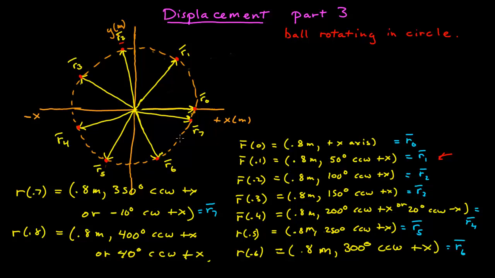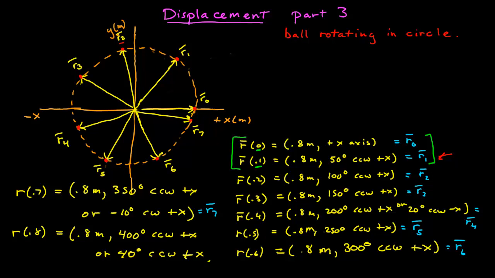Now we want to look at the displacement vector between these two vectors. Again, a displacement vector means we choose two points in time, an initial time, 0, and a final time, which in this case will be 0.1. From those two times, we can evaluate the two vectors, which are here.